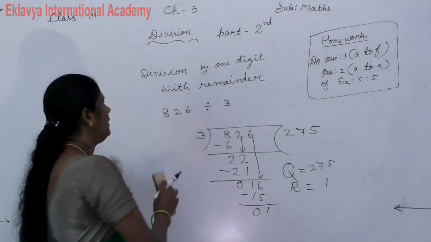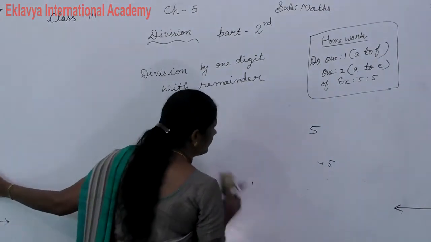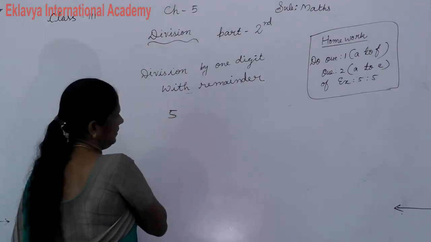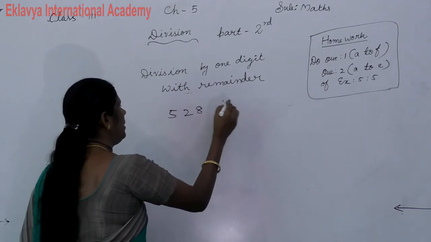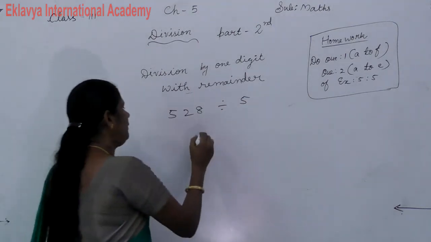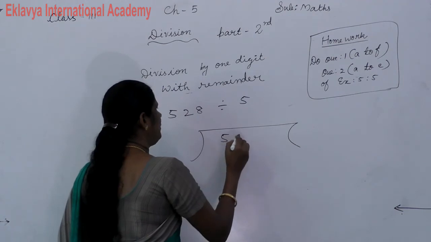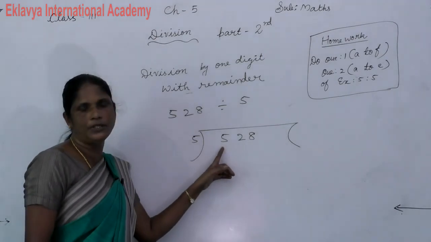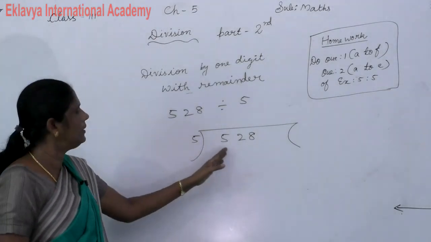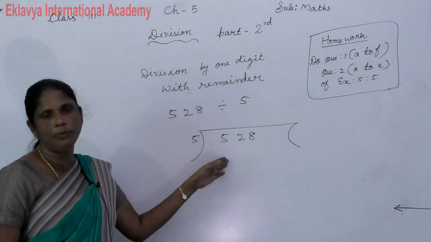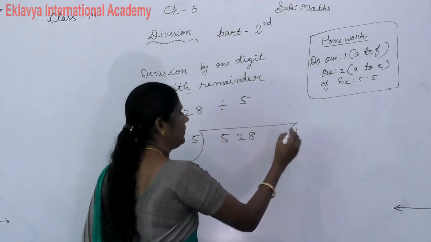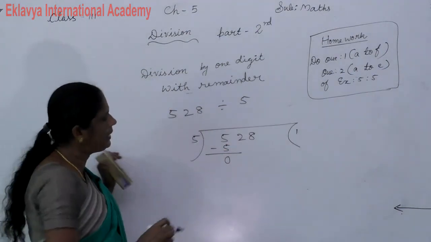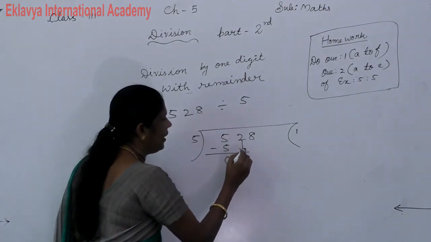Understand you? Then one more example. 528 divided by 5. Again you divide. Which place you start with? 100 place. Then table of 5. How many times come in 5? 1 time. Then 5. Then 0. Now 2 comes downside.